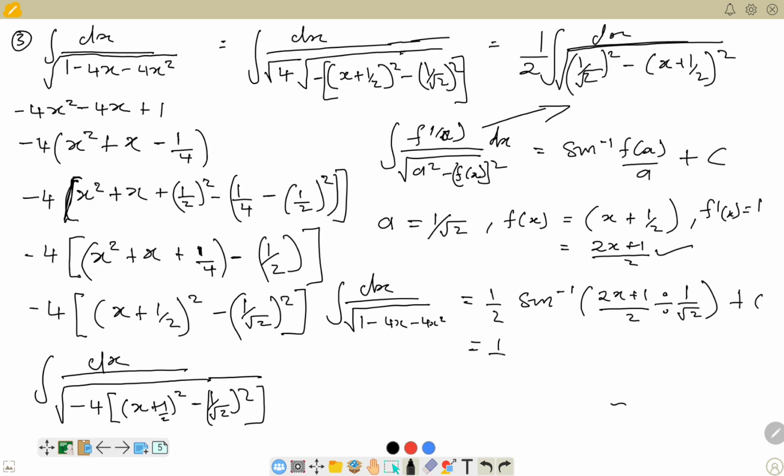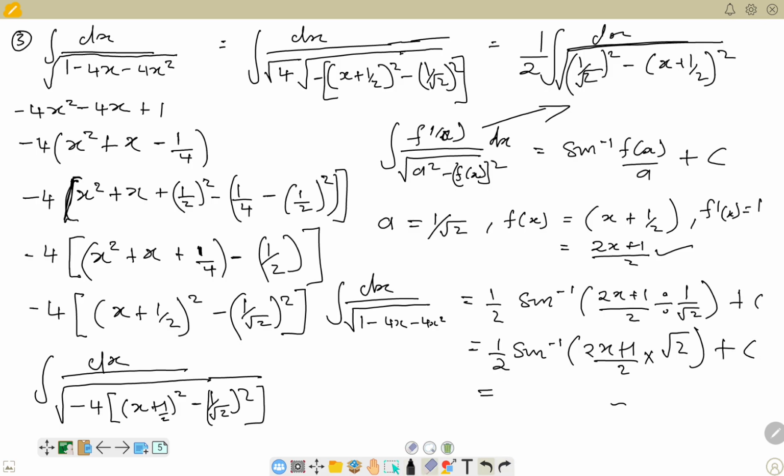Then we will have 1 over 2 arcsine 2x plus 1 over 2. Then we can flip here by changing the division sign to multiplication sign. So actually here, it's divided by 2. Then when we change, we have square root 2 there.